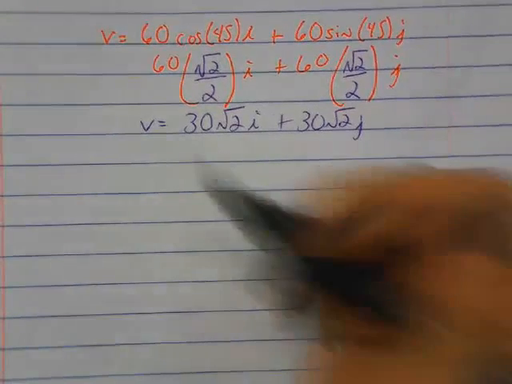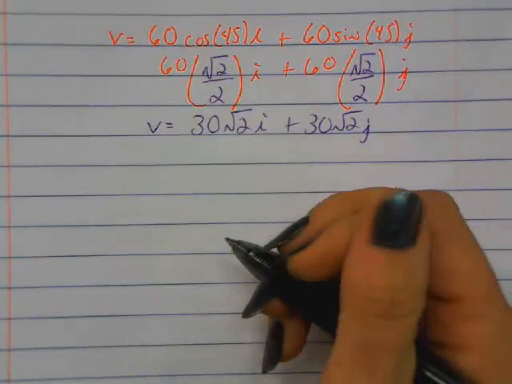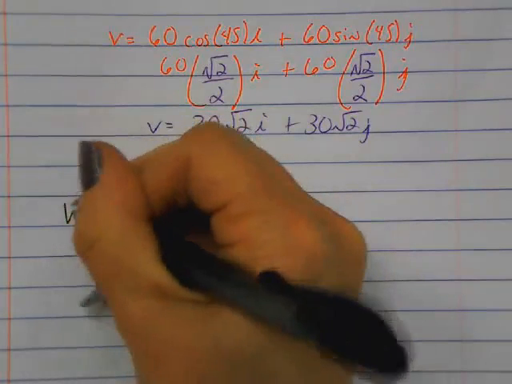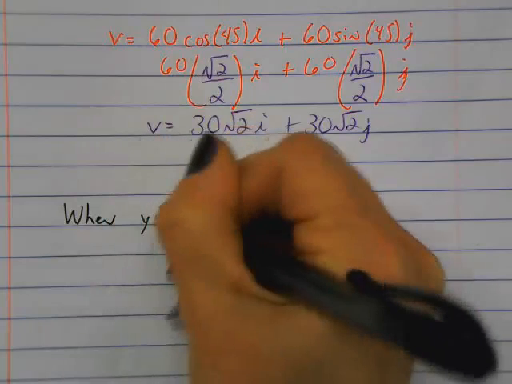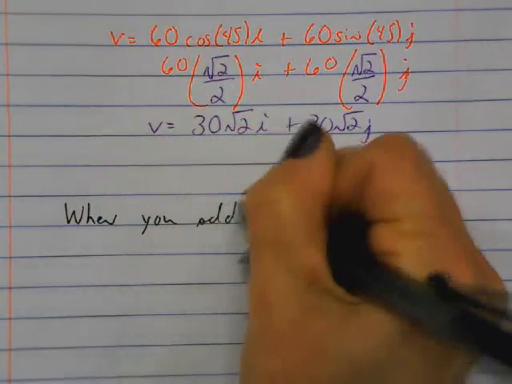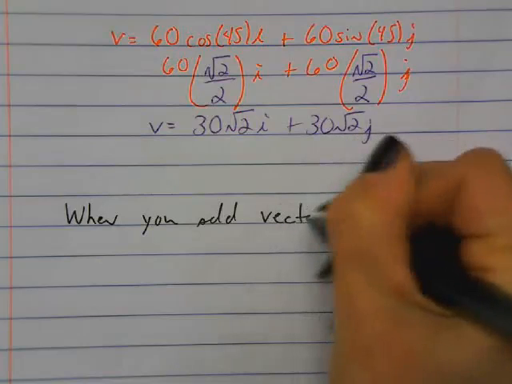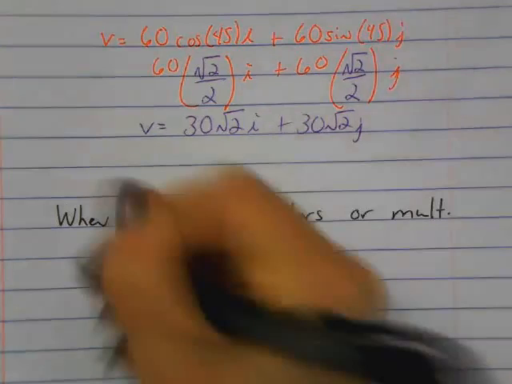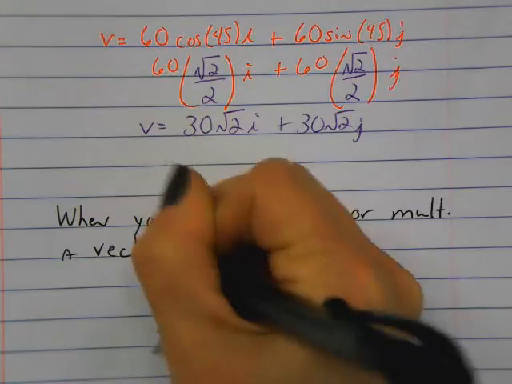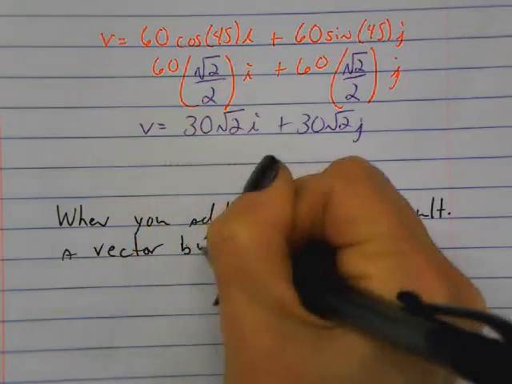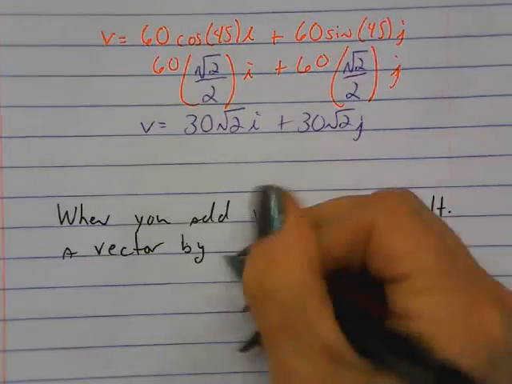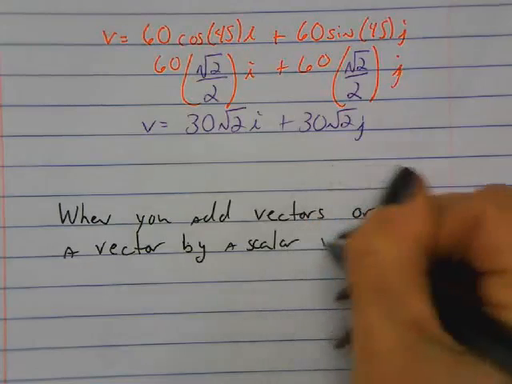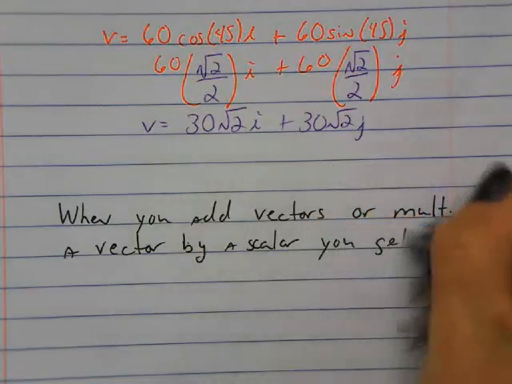So, when you add vectors or multiply a vector by a scalar, you get a vector.